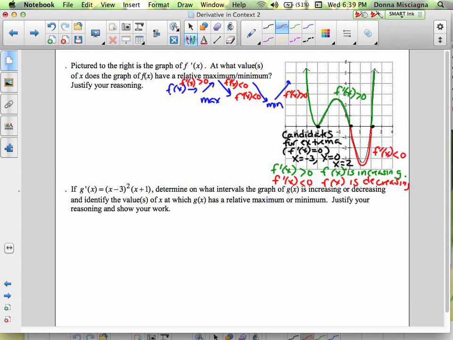All right, so we go from increasing to decreasing right at x equals 0. So we can write that up. F of x has a relative maximum at x equals 0.